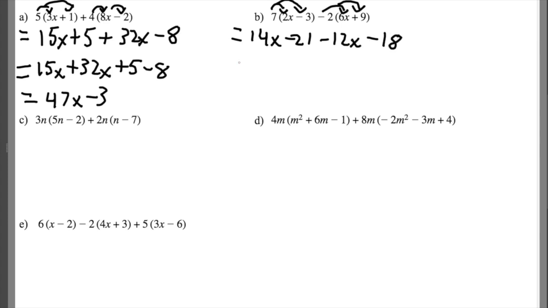From here, we're going to collect the like terms. It's 14x minus 12x, minus 21 minus 18. We're going to get 2x, and minus 21 minus 18 will actually give us minus 39.